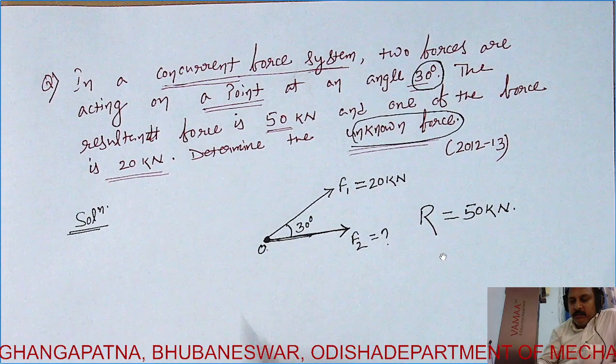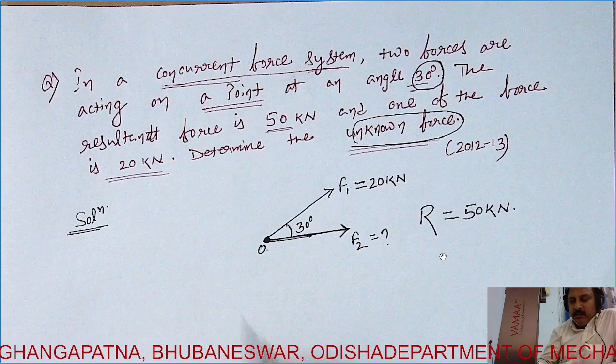As we all know, if two forces are acting at a particular point, we can use the parallelogram law of forces.